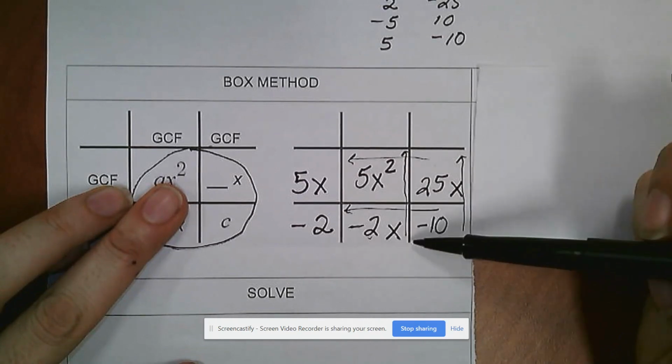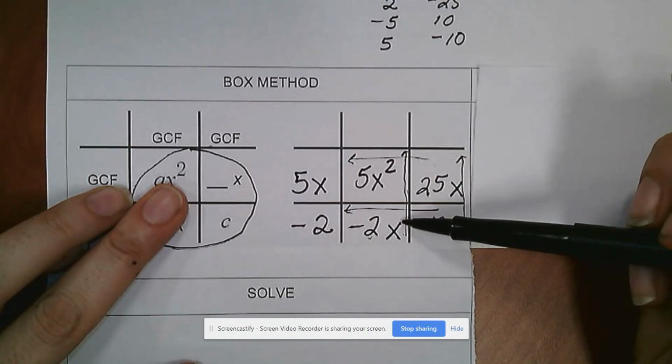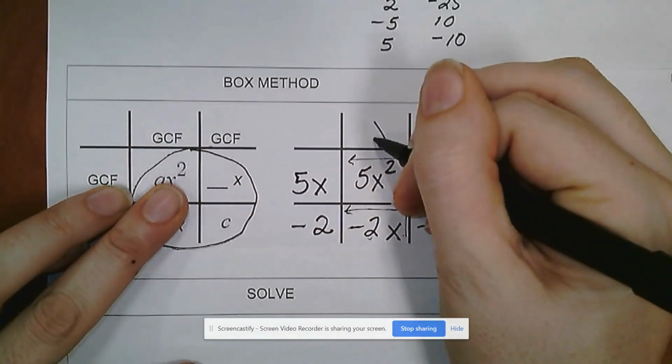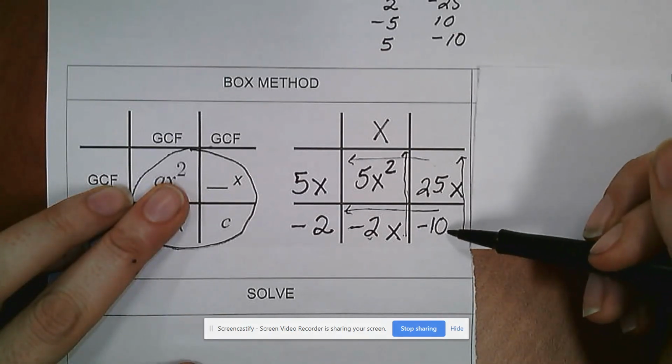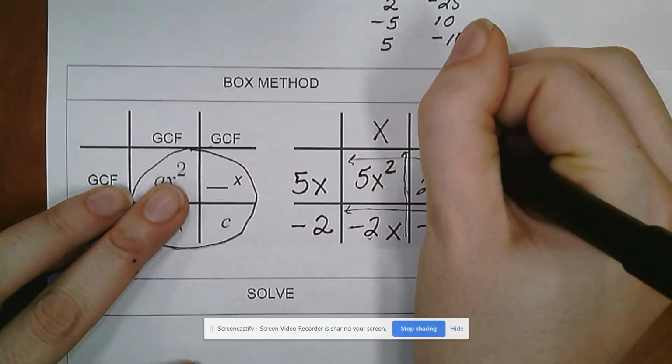Okay, so now I'm going to do my columns. If I look at 5x squared and negative 2x, I don't have a lot in common. In fact, the only thing I have in common is 1x, and I'm just going to put an x. And then I'm going to do 25x and negative 10. And the biggest thing they have in common is 5.